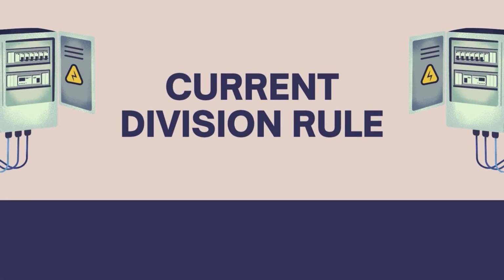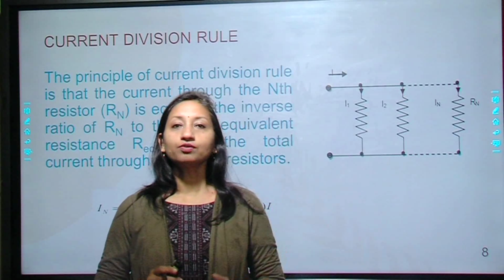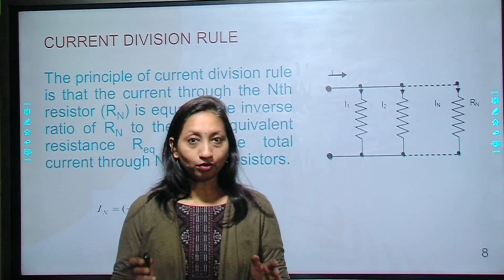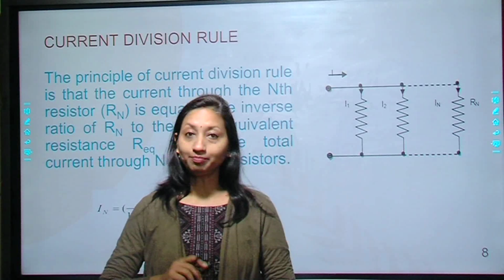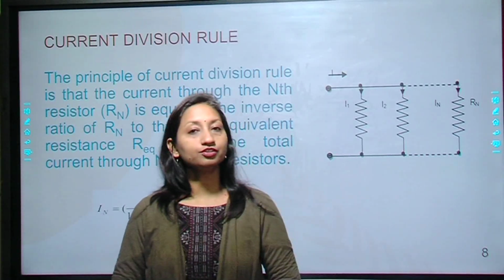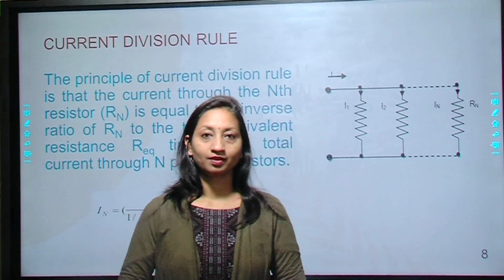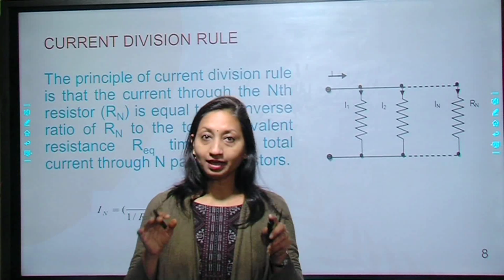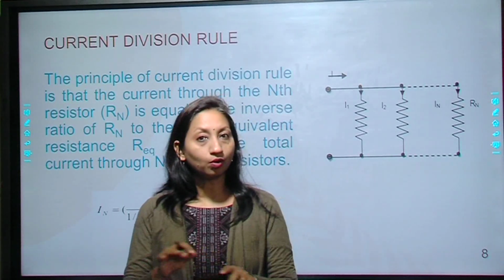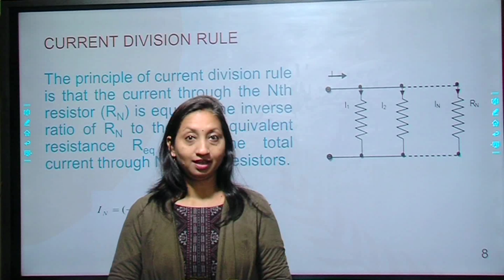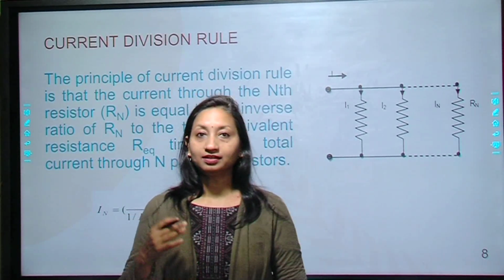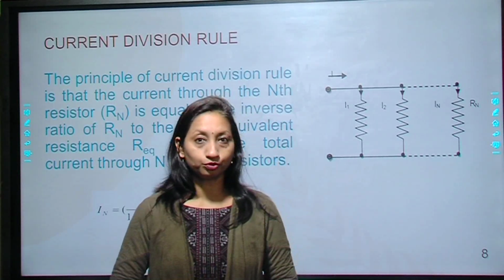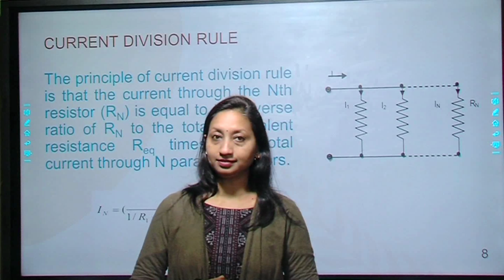Now let us see the current division rule. In the case of the current division rule, when the current has to be divided across resistors which are connected in parallel, this rule is applicable. The current division rule is used when the same voltage appears across all the resistors in a circuit, and the total current is shared by the resistors inversely proportional to their resistances.